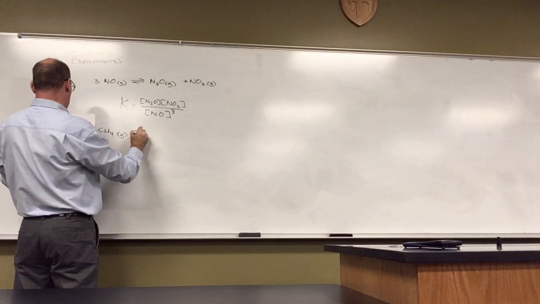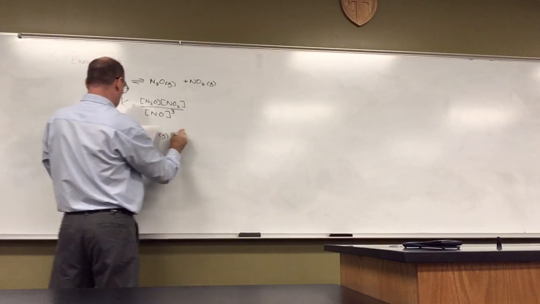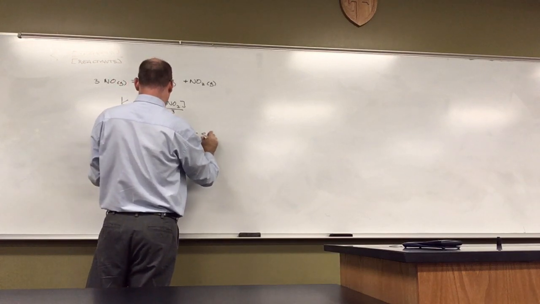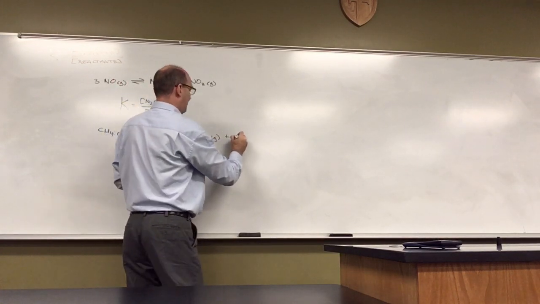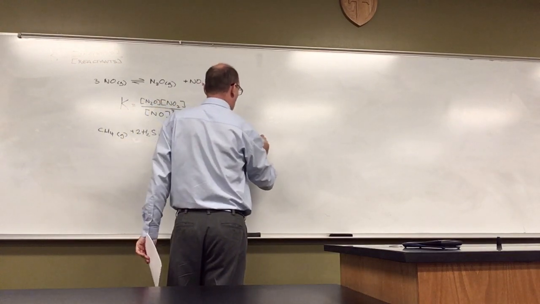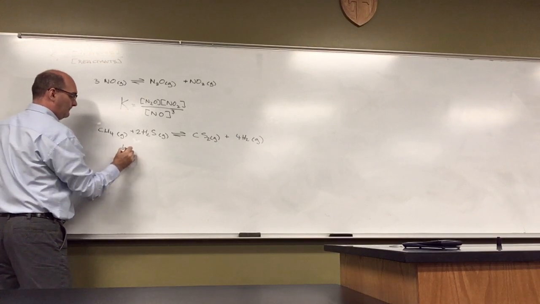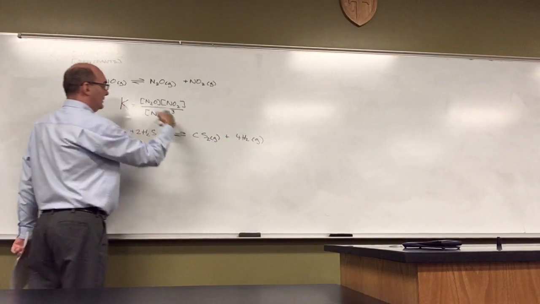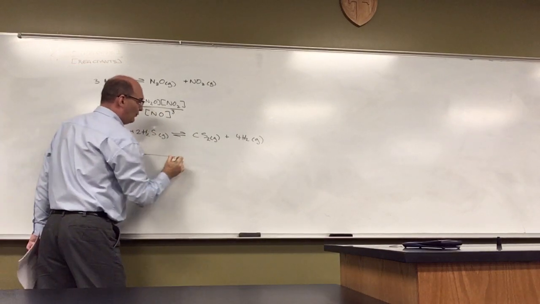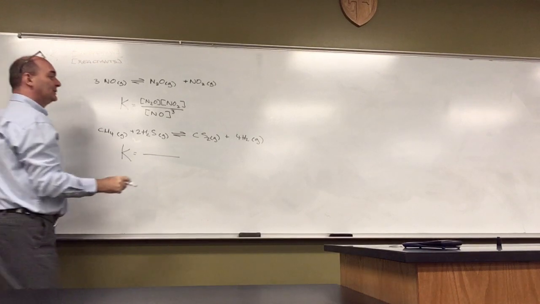Methane, gas, plus 2 molecules of hydrogen sulfide, gas, make 1 molecule of carbon disulfide, gas, plus 4 molecules of hydrogen, gas. Okay, it's products divided by reactants, all raised to the power of the stoichiometric coefficients.